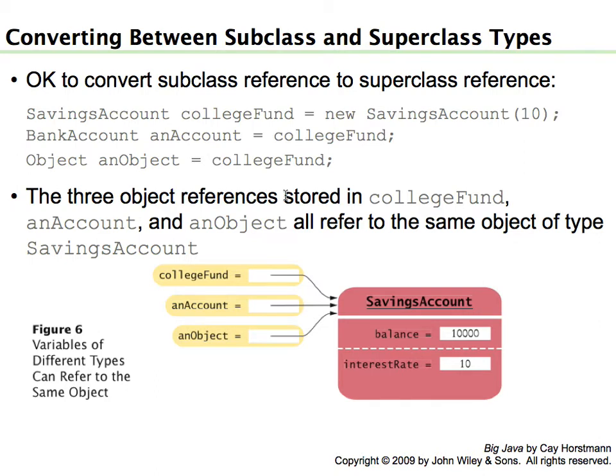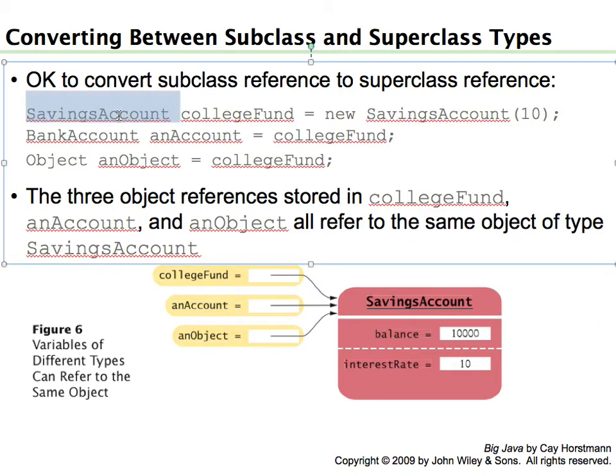But you can't do it the other way around. Since the subclass has more methods than a superclass has, you can't say that a subclass reference would represent a superclass object. It won't. Okay? It could be a little bit confusing.